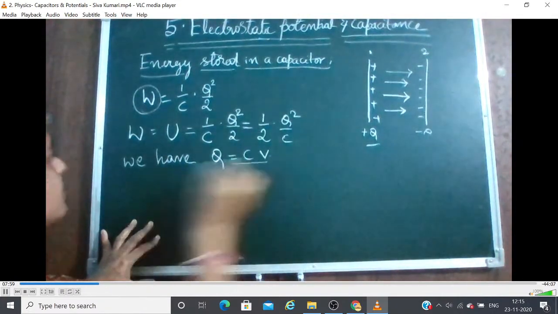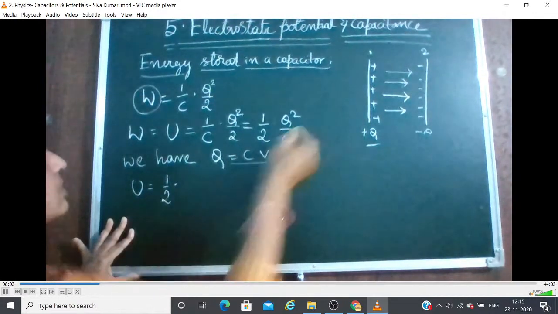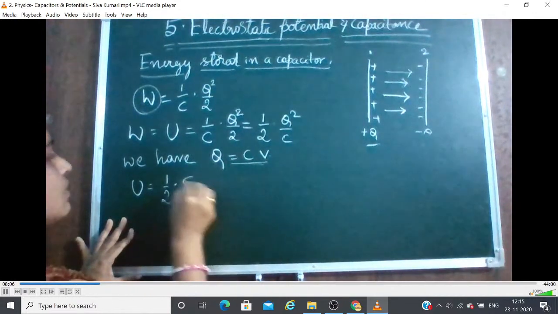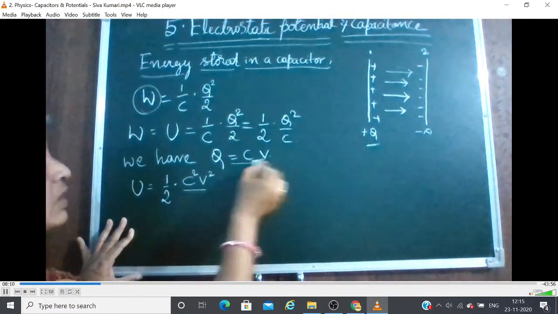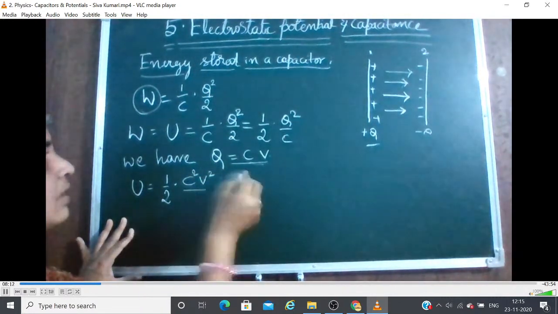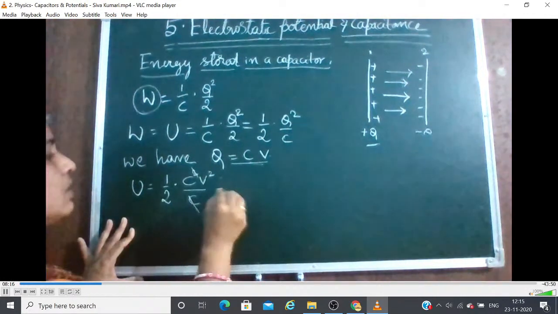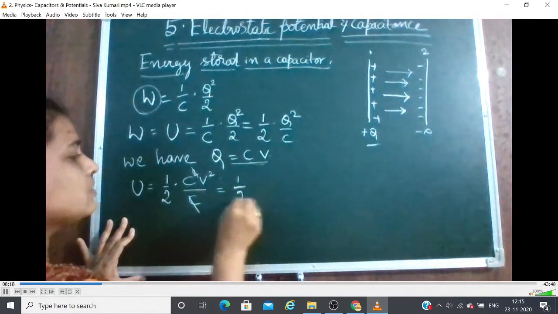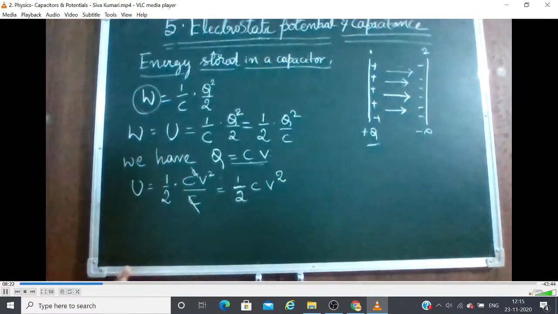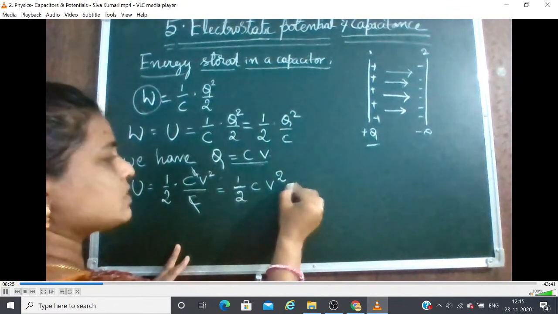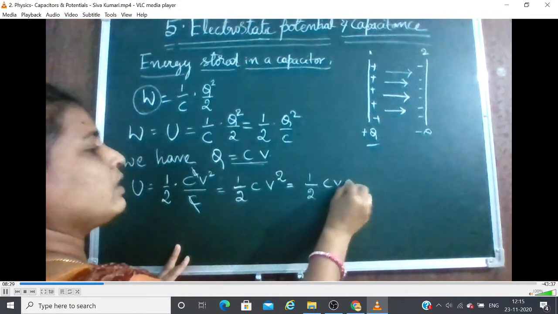By substituting this equation, we will get half into C square V square by C. C gets cancelled. So we will get half C V square. Half C V square. For this equation also we can write half C V into V.